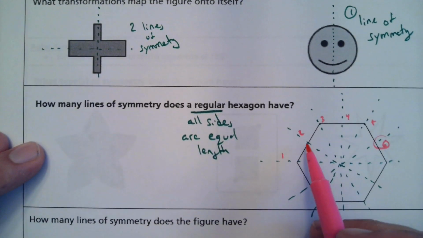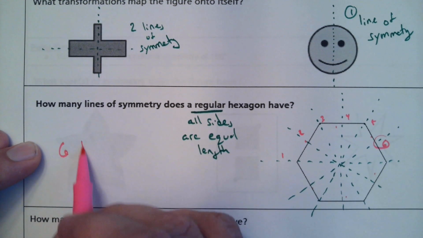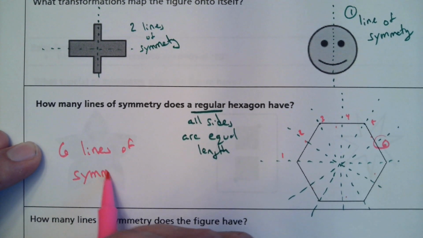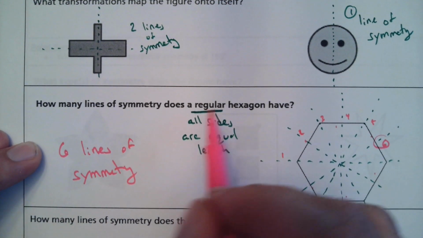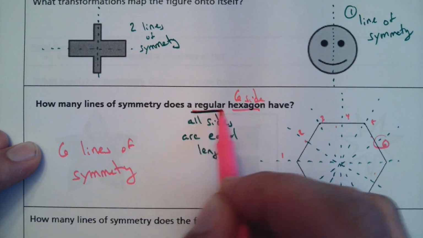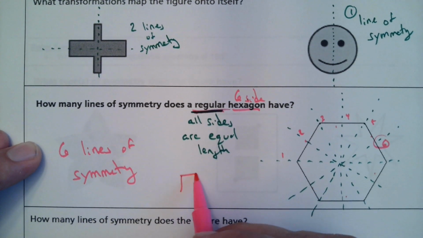Now how many sides do we have? 1, 2, 3, 4, 5, 6. So we have 6 lines of symmetry. That's actually a shortcut. Hexagon, 6 sides. As long as they are regular, that's how many sides you're going to have. Like think about a square for a second.